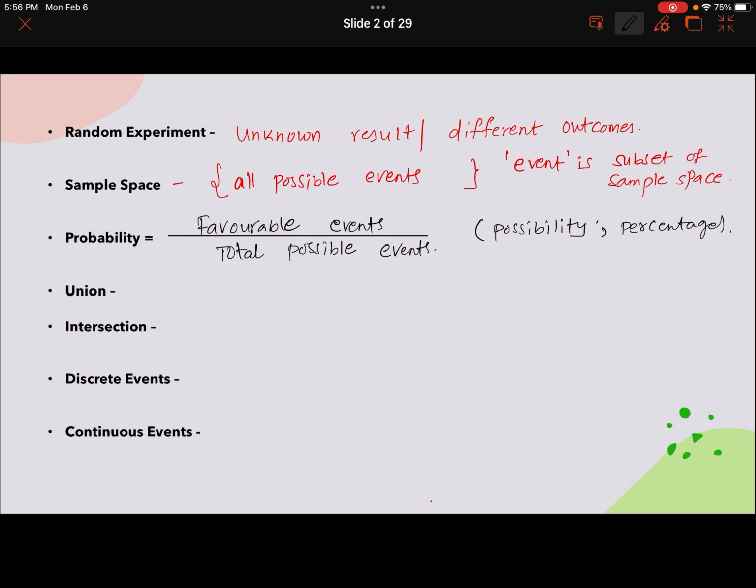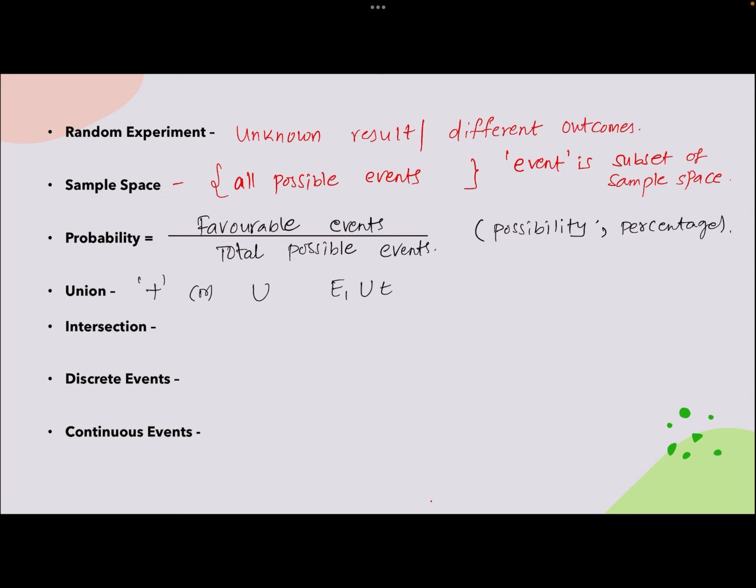Union is an add operation, denoted as U, like E1 union E2. That is everything from both E1 and E2.